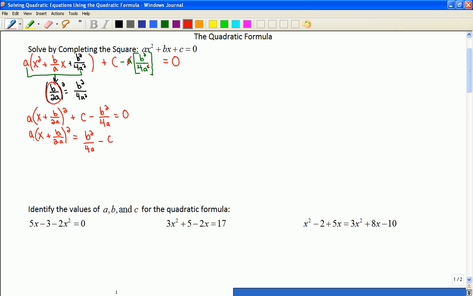And then I need to divide everybody by a, so I'm going to have x plus b over 2a, all squared, is equal to b squared over 4a squared minus c over a. Now I'll also make a common denominator here. So if I make a common denominator, I have to multiply by 4a on the top and the bottom.